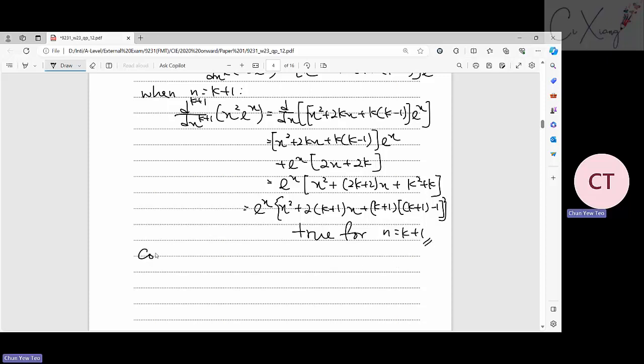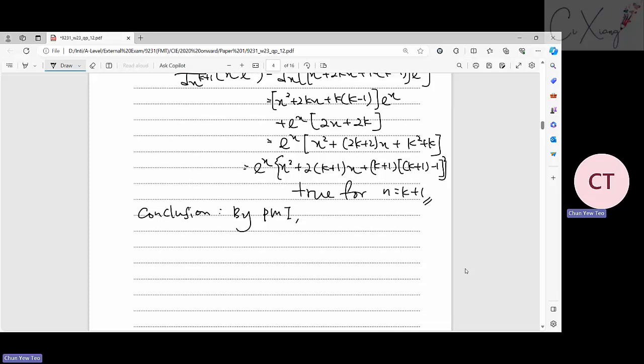Then the conclusion, by mathematical induction, the result over here, just copy down the result: d^n/dx^n of x squared e power x is equal to (x squared plus 2nx plus n(n minus 1)) e power x.